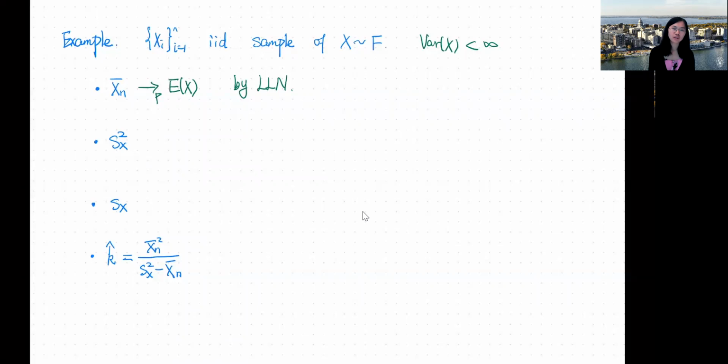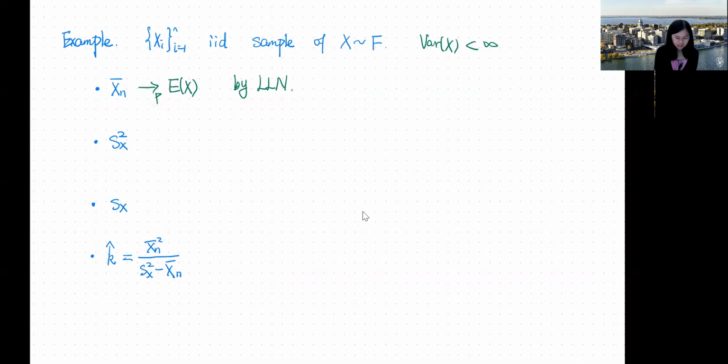There are more general laws of large numbers that are more difficult to prove that give you this conclusion without the finite second moment. But for now, just use the one with the requirement of a finite second moment. Okay, so the sample average converges to the population expectation. This intuitively should be true according to the frequency point of view of probability. And rigorously, it's also true. Mathematically, we can prove it using the law of large numbers. So by the law of large numbers, this is true.